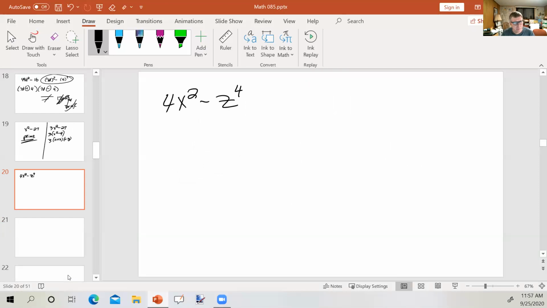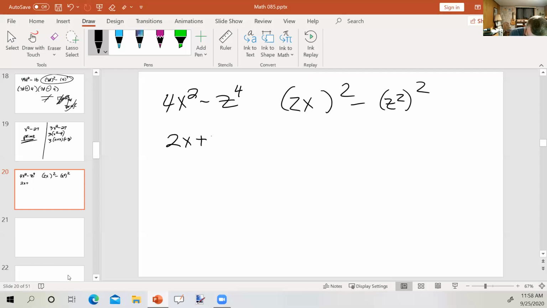Is z to the 4th power a square? Yes. Good. So what would the base be for 4x squared? It'd be 2x. And for the second? Z squared. Good. So yes, 2x plus z squared, 2x minus z squared.